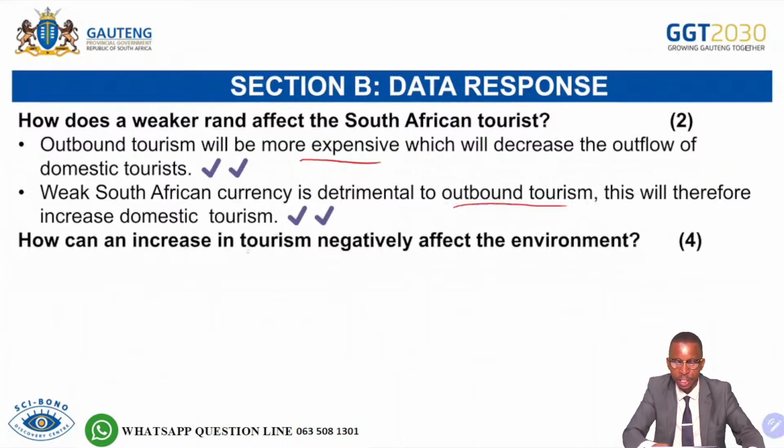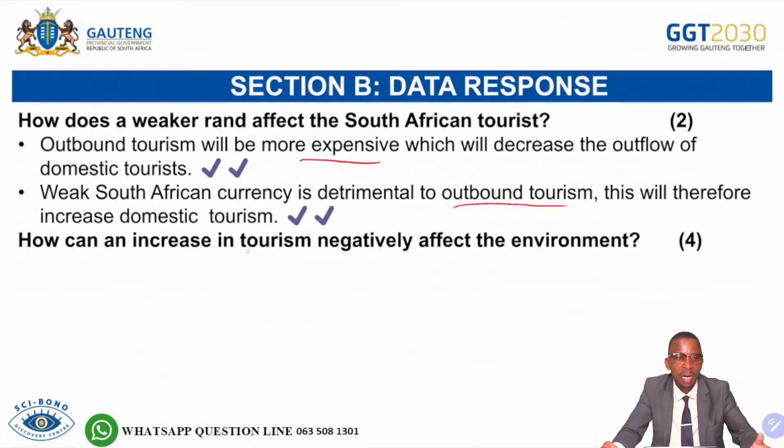How can an increase in tourism negatively affect the environment? We know that as tourism increases, that can lead to environmental degradation, because more tourists coming to one place at once can lead to environmental stress, because people leave their carbon footprint.